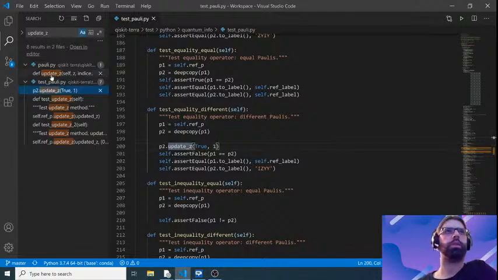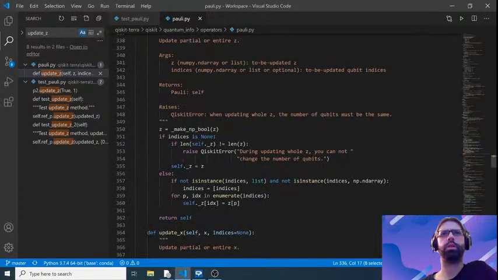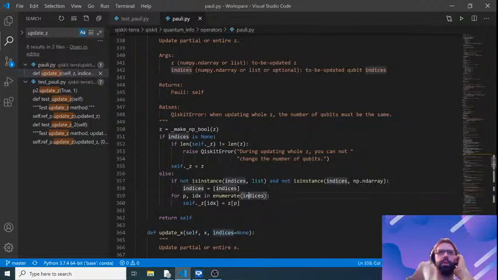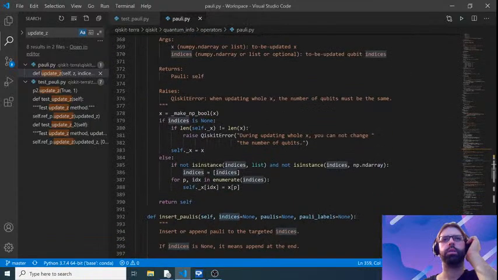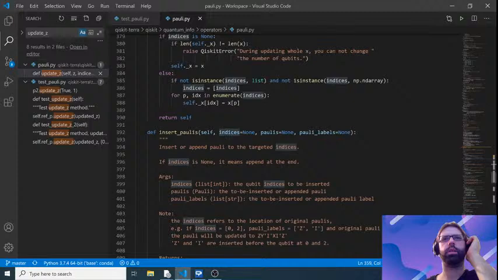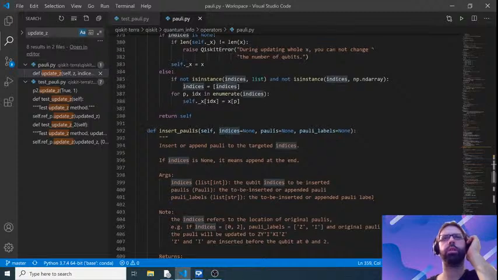I really don't get it. This update X. Insert Paulis: insert or append Pauli to the targeted indices.